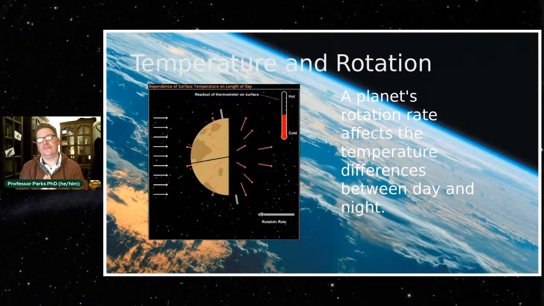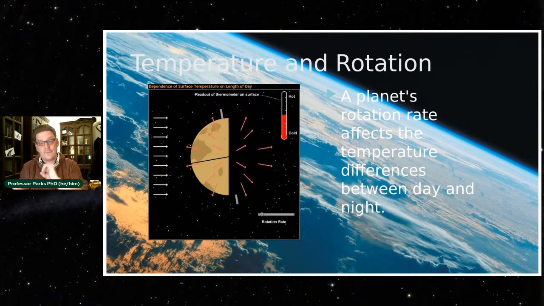If you have a world that has a significant atmosphere, like an Earth-type atmosphere, and it is slowly rotating, then you're going to have a higher temperature differential between the day side and the night side.